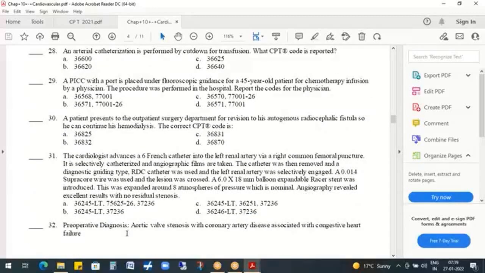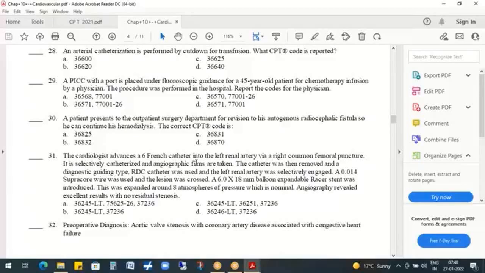See question number 29 on my screen. Again I am saying, those who are willing to write the examination, practice the individual papers, what I am showing in the diary, at least 3 times.